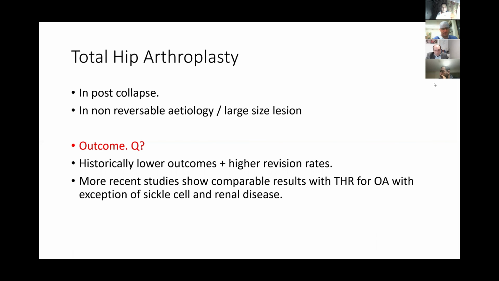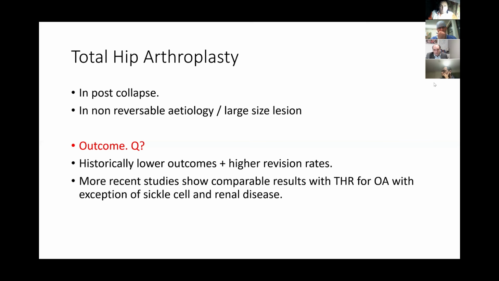The problem with AVN is that you're always put in this situation: you get a youngish patient who has either a reversible or non-reversible cause of AVN, and you've got a surgery that doesn't give you a good outcome, and there's no strong evidence to advocate one surgery over the other. But at the same time, you cannot, as a hip surgeon, watch this patient just develop arthritis and leave him the way he is.